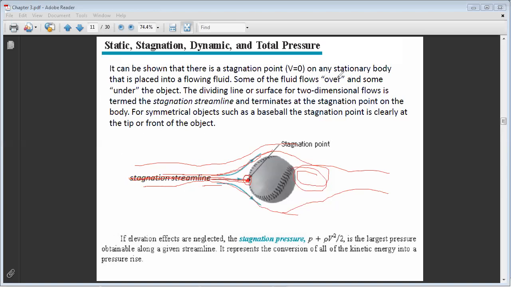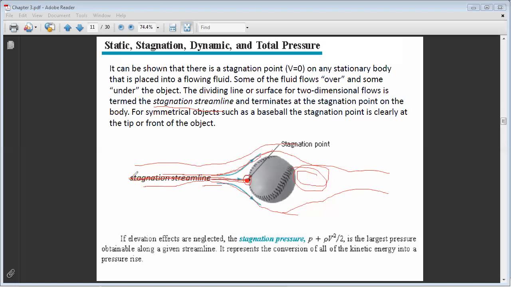The dividing line or surface for two-dimensional flows is termed the stagnation streamline, and it will terminate at the stagnation point, which is characterized by a velocity of 0. For symmetrical objects, such as the baseball in the figure, the stagnation point is clearly here at the tip of the object.